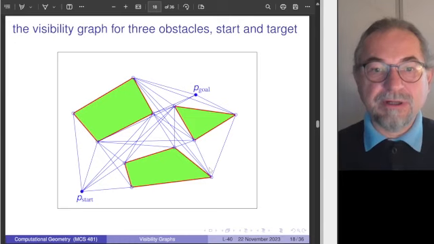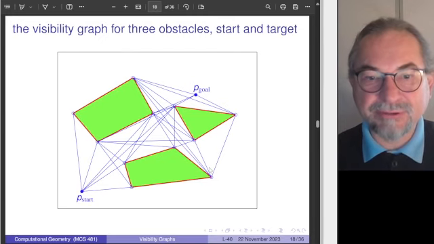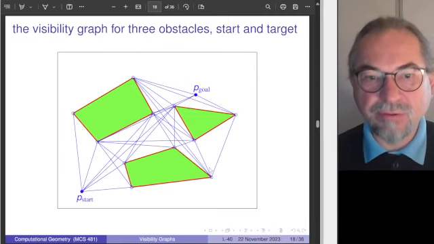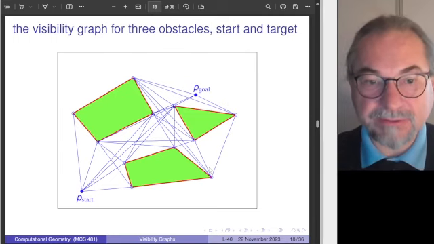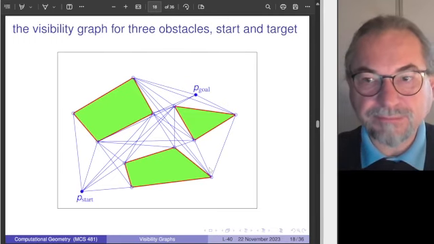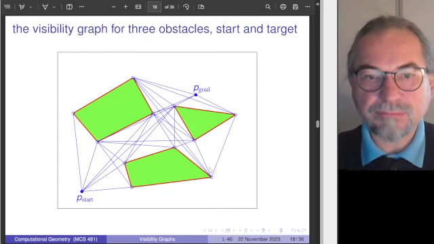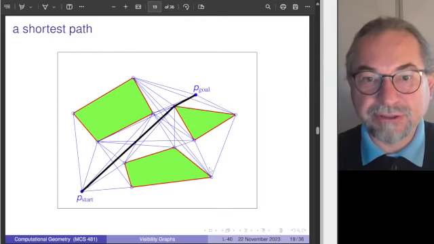Okay, so here is the visibility graph with the start and the target added to it. So when we add the start, we also determine the visibility of that start position to all the other vertices. Okay, so here is now the shortest path.